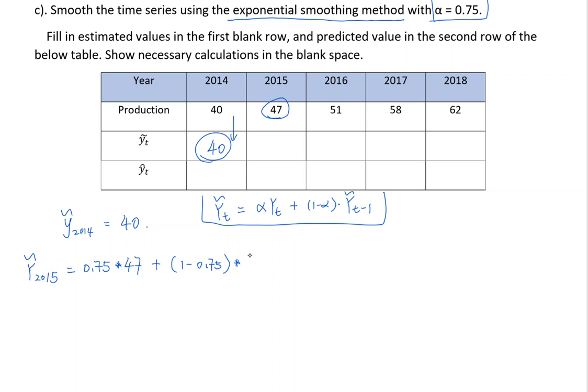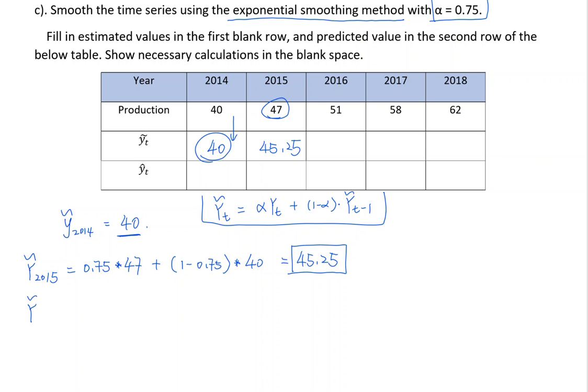Because this is the previous estimated value here. All right, so after you calculate this, you will get equals to 45.25. Right.